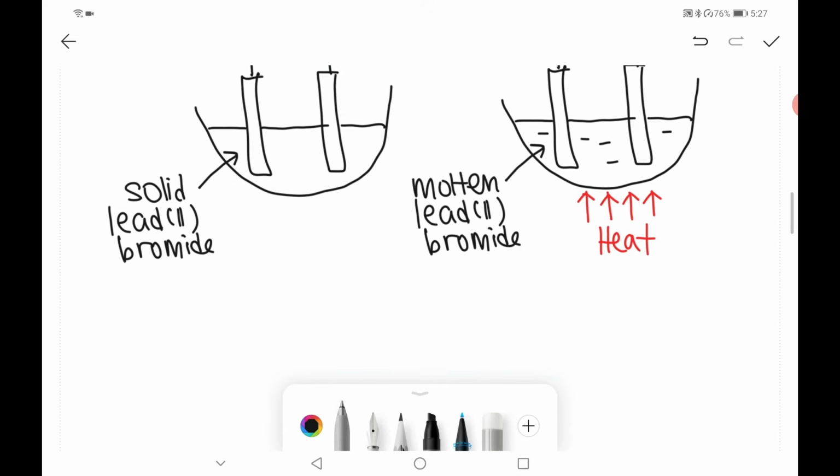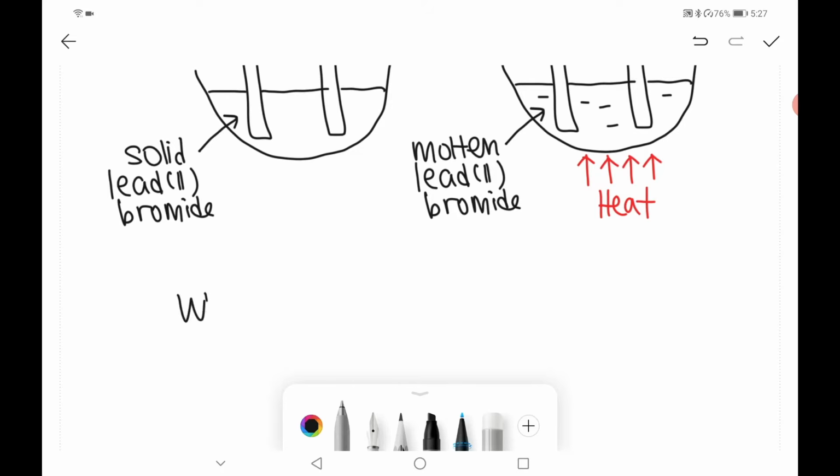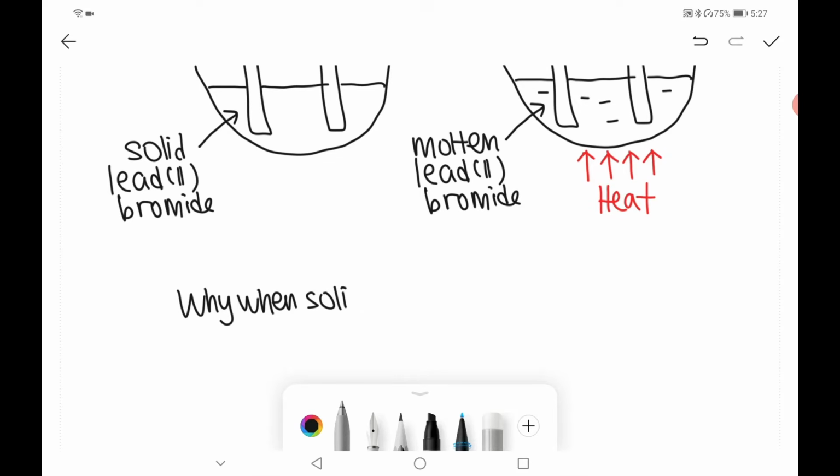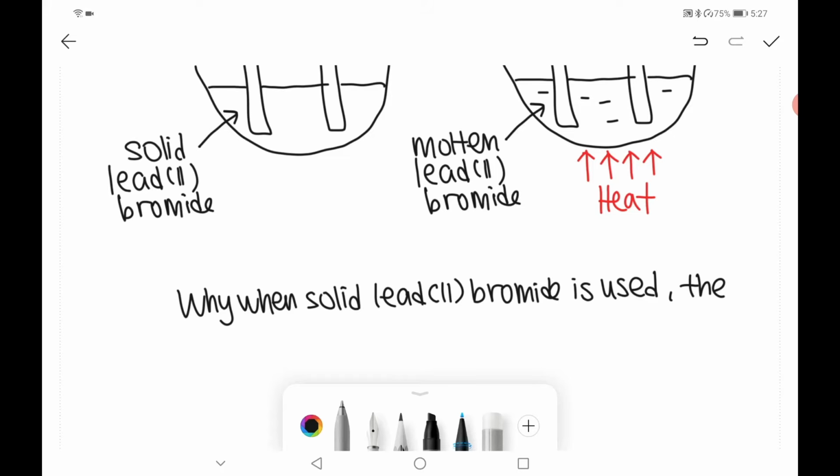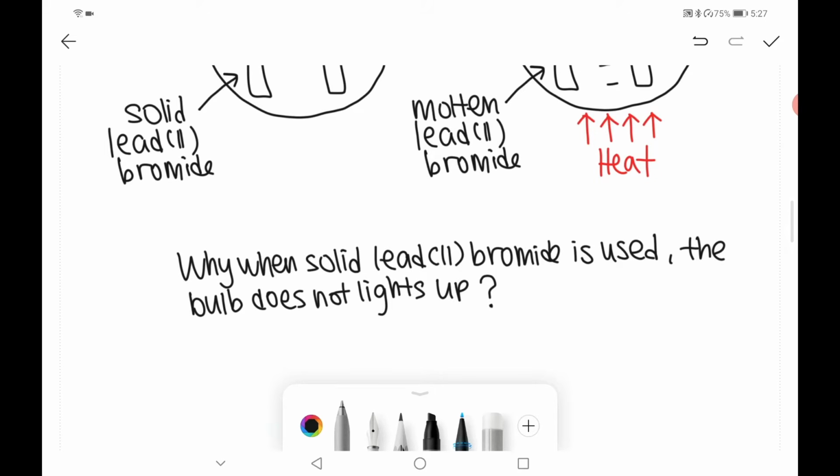Question number 1: why, when we use solid lead bromide, does the bulb not light up?